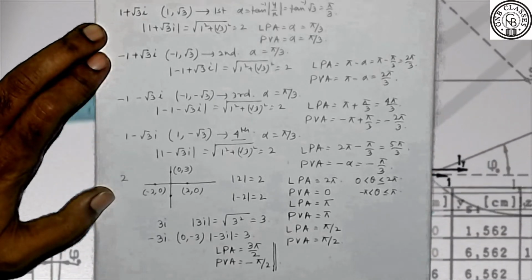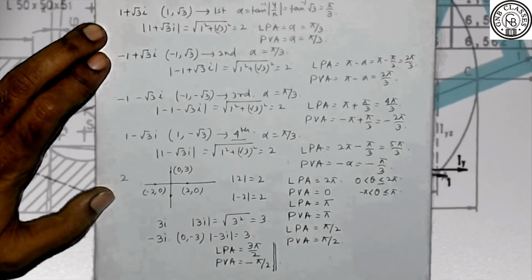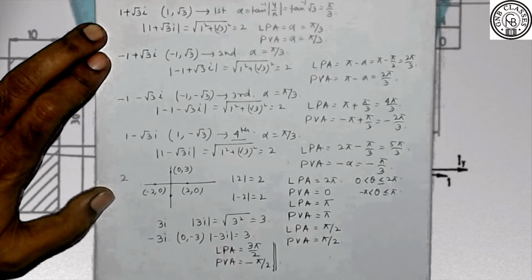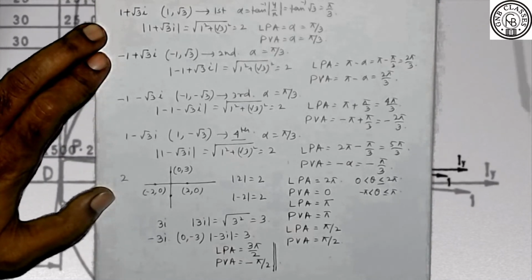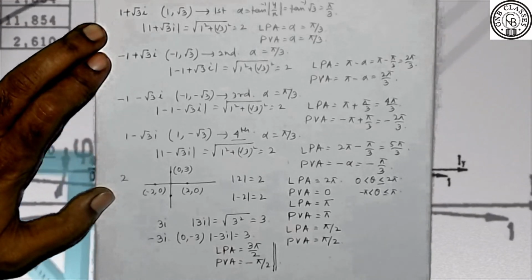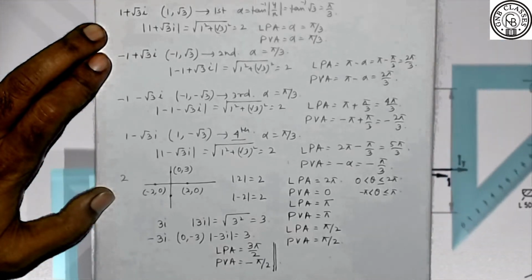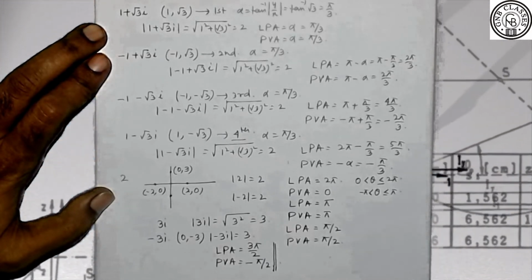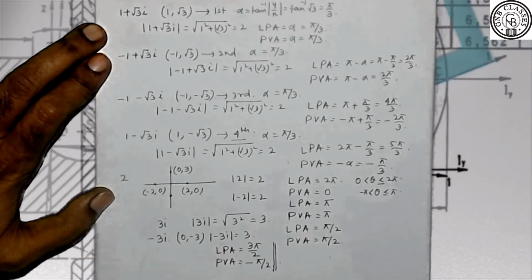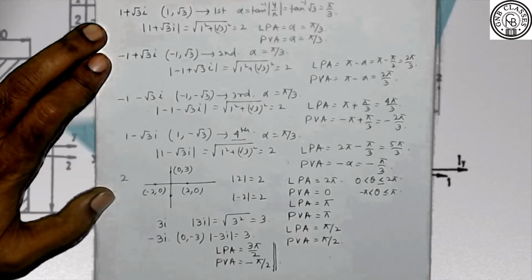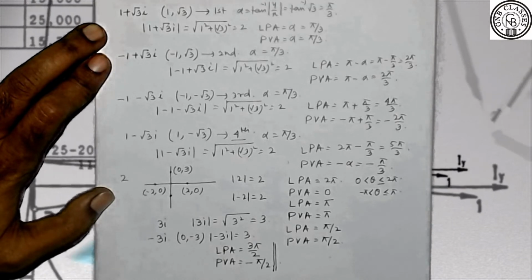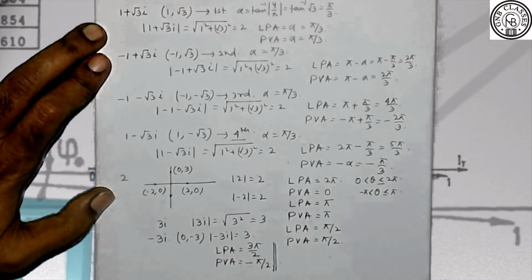Here one thing we must remember, that whenever a point is on the positive direction of the x-axis, in that case your least positive argument will be 2 pi and principal value argument will be 0. When it is lying in the negative direction of the x-axis, least positive argument will be pi, principal value argument will also be pi.